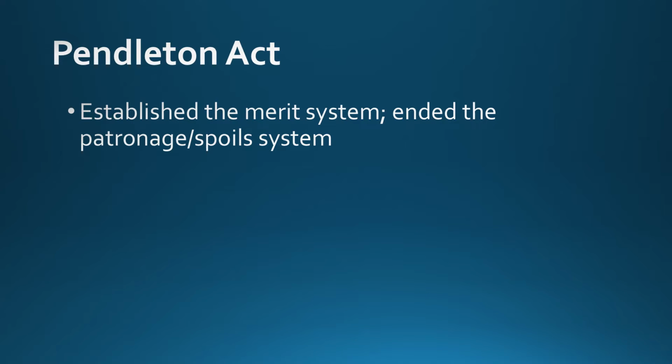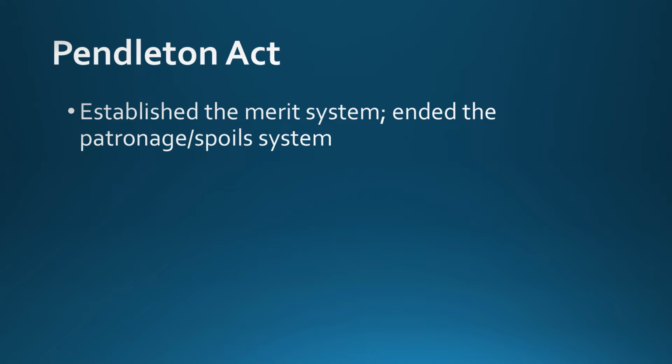All right, so part of the reason that we want to make that distinction about them being non-political is the Pendleton Act. One of the problems that arises when the government is hiring people and giving people jobs is that it has the potential to do so in a corrupt way. The Pendleton Act, though, is supposed to, or has essentially solved that problem by and large, where it established the merit system.